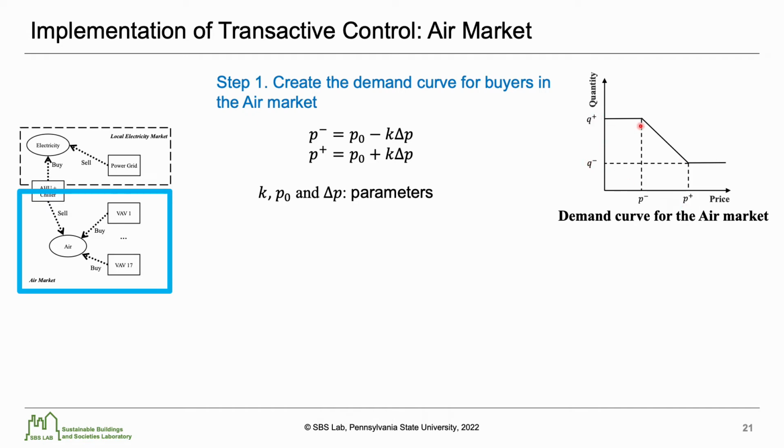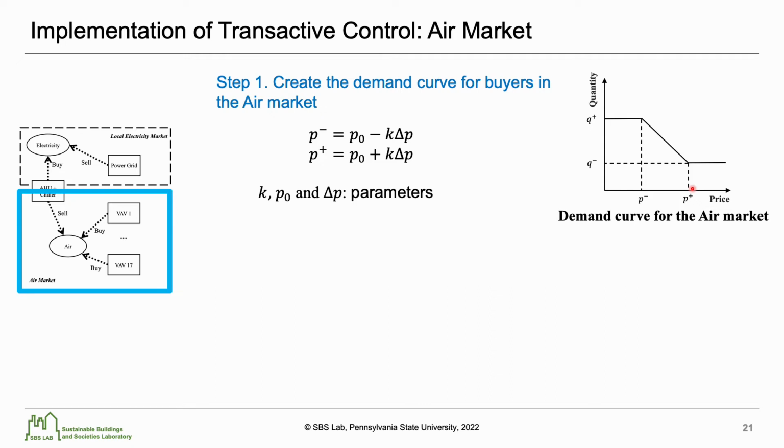The slope between P minus and P plus determines how sensitive the buyer agent is to the change of the price. For example, the steeper the slope, the more willing the corresponding buyer agent is to adjust its demand.